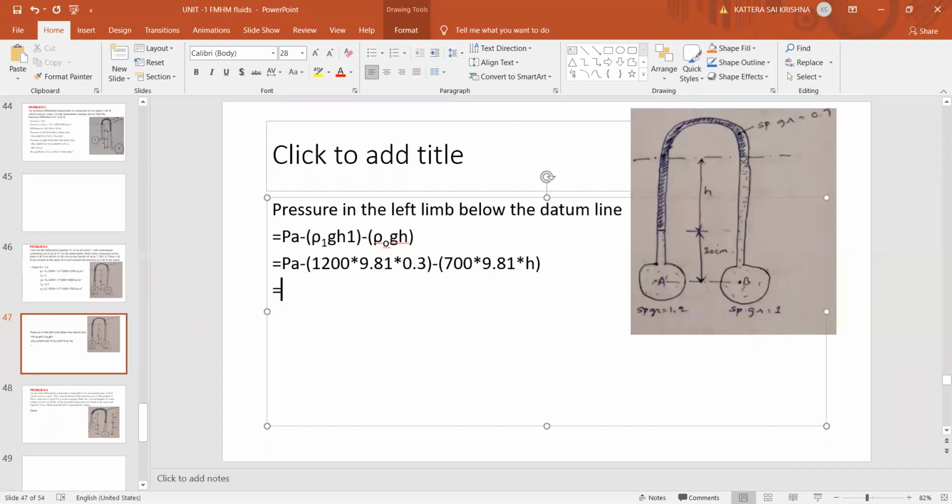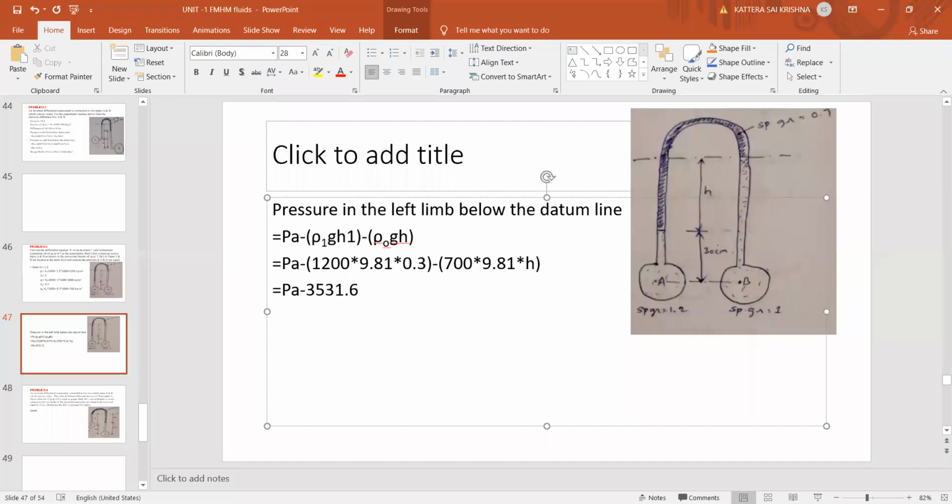Now write down PA. Calculate the term. What is that? 1200 into 9.81 into 0.3 is 3531.6.